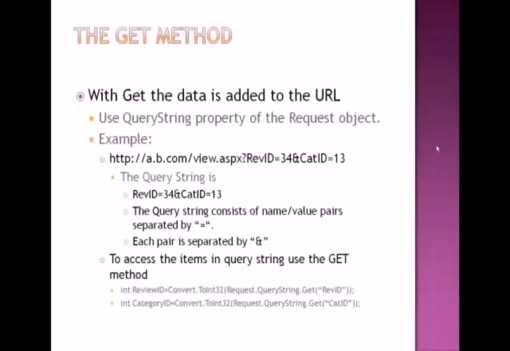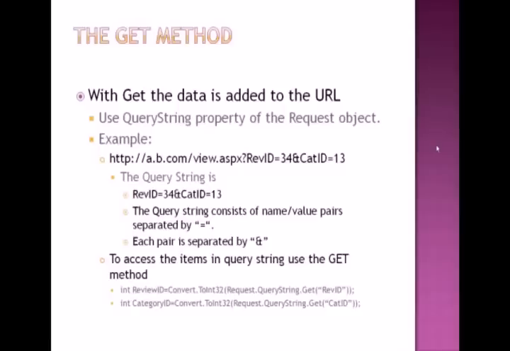If you look at the get method, it adds the data to the requested URL, and this data can be retrieved by using the query string property of the request object. As you saw earlier, when dealing with data flowing back and forth between the user and the server, you can use request and response objects.